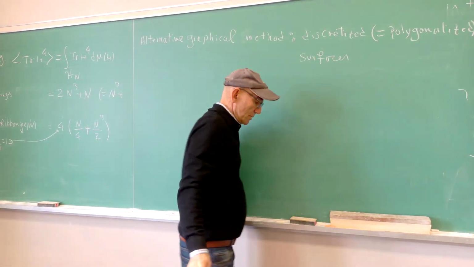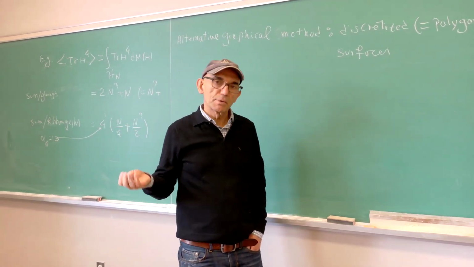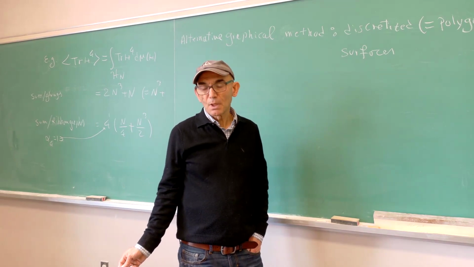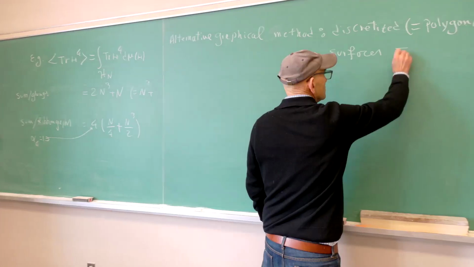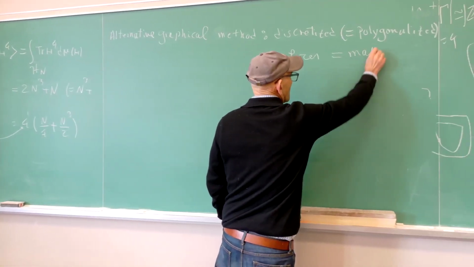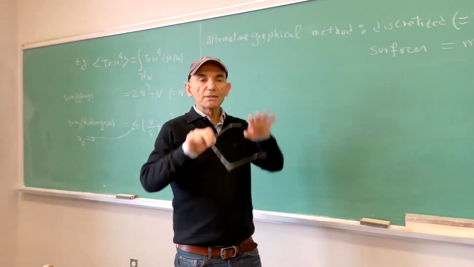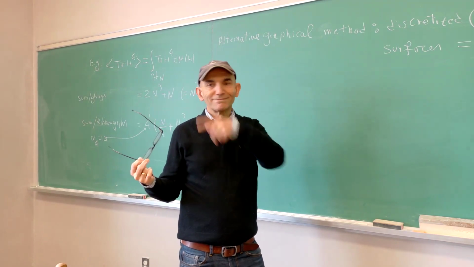There is a mathematical term for this, which I discussed a little bit, but now we discuss it more. This is called maps. So the idea of a map is the following. Imagine you have a globe and you have all the countries on the globe.